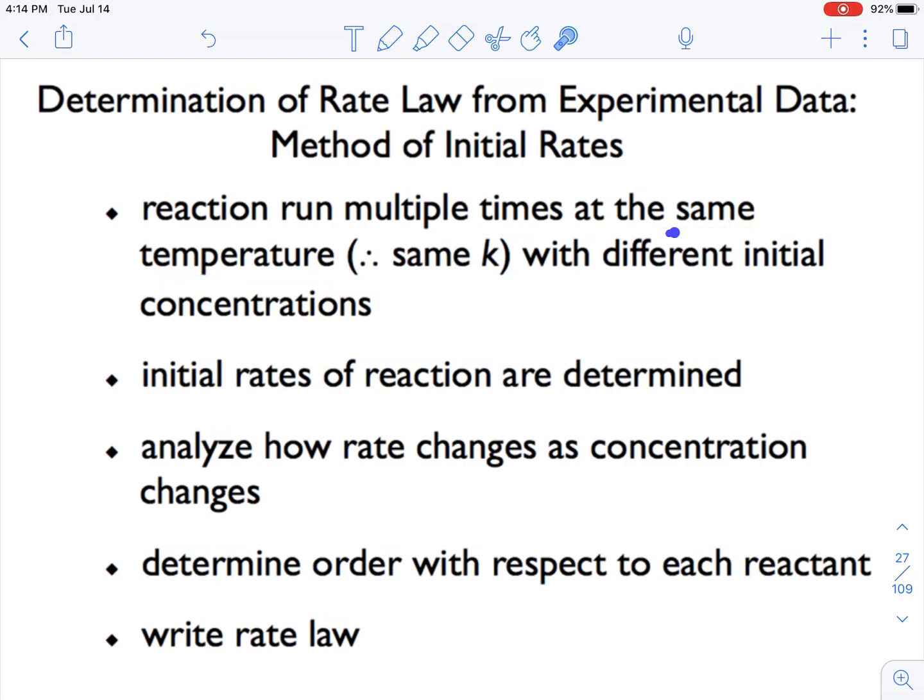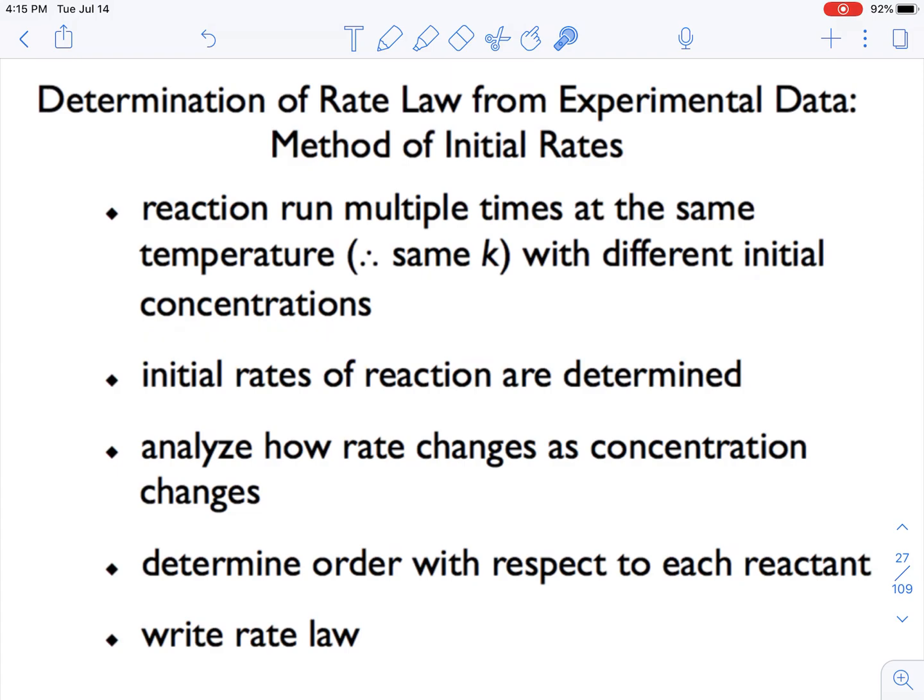It's important that the reactions are all run at the same temperature to ensure that the calculated value for the rate constant K stays the same. The only thing that changes per each trial is the initial concentration of the reactants.